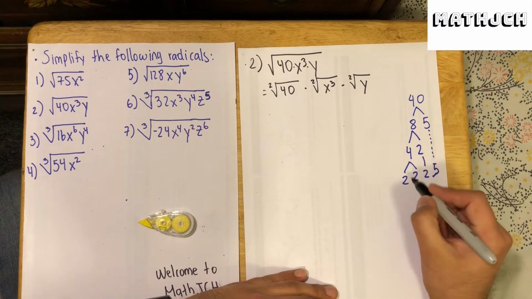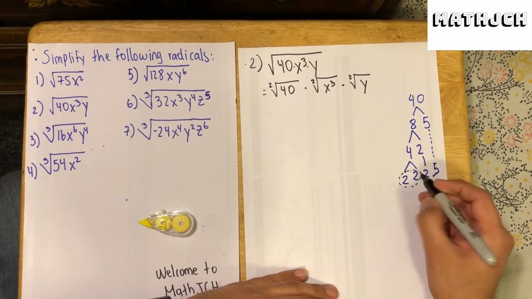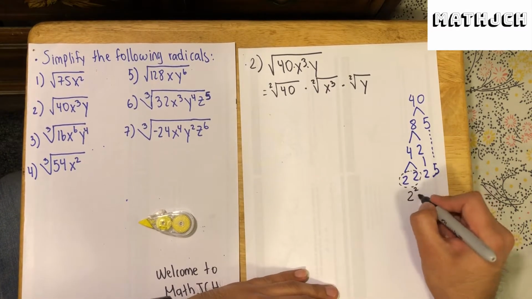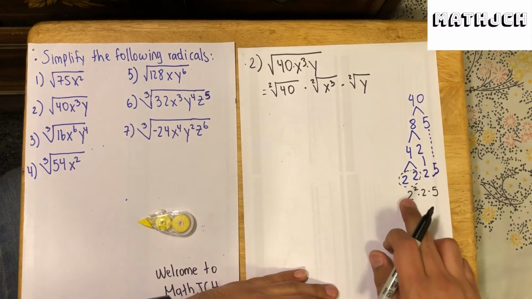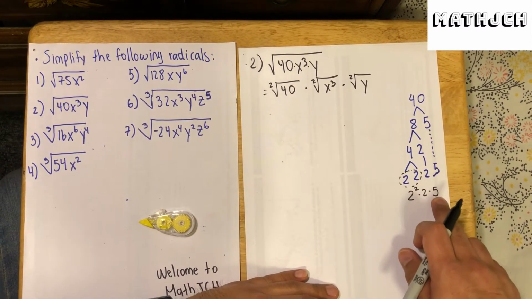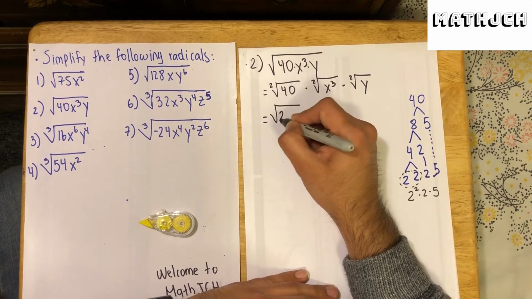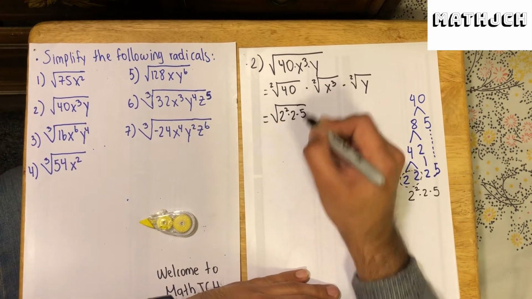I could take these two numbers, 2 times 2, and rewrite it as 2 power 2, then bring that 2, and then bring the 5. So 40 is 2 power 2 times 2 times 5. That will give me 40.